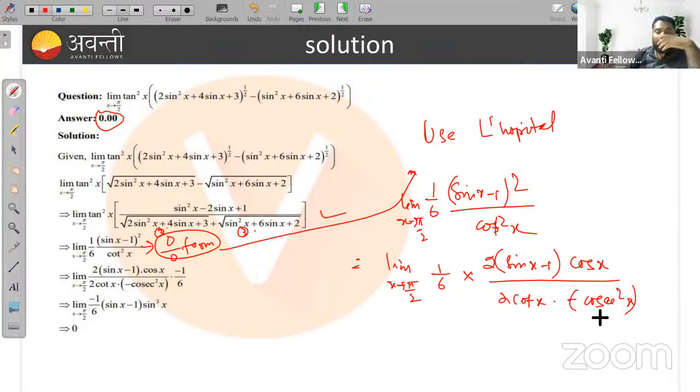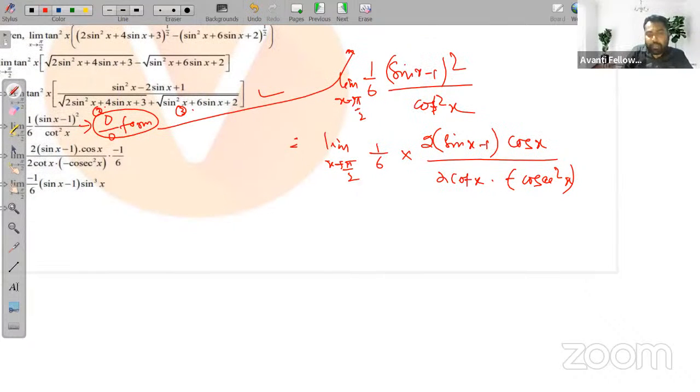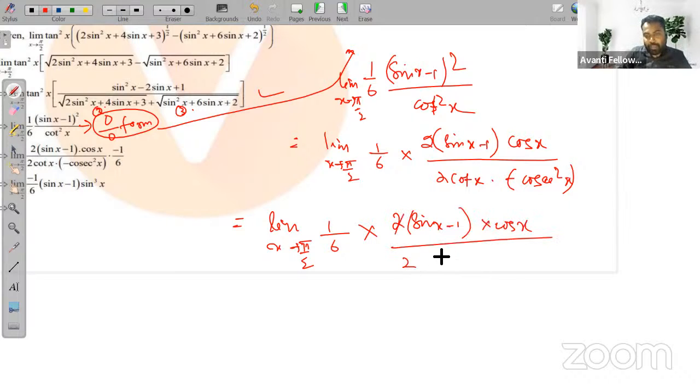If we simplify this, we get the limit as x extends to pi by 2 of 1/6 into 2 into (sin x minus 1) into cos x divided by 2 into... the 2s will cancel.